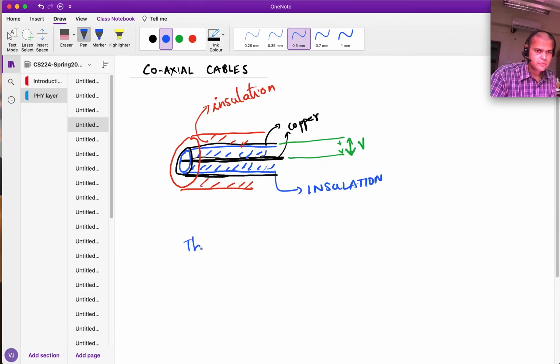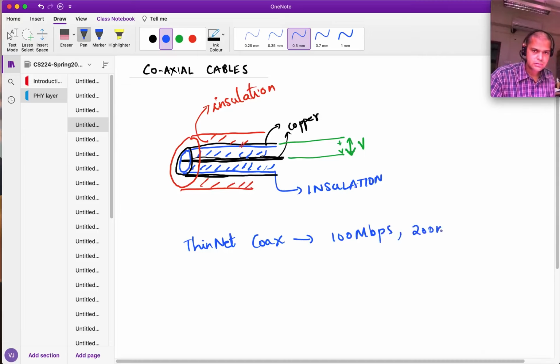So you have thin net coax, and this is supposed to give 100 Mbps over 200 meter distance, and you have thick net coax which gives 100 Mbps over a longer distance, 500 meters.